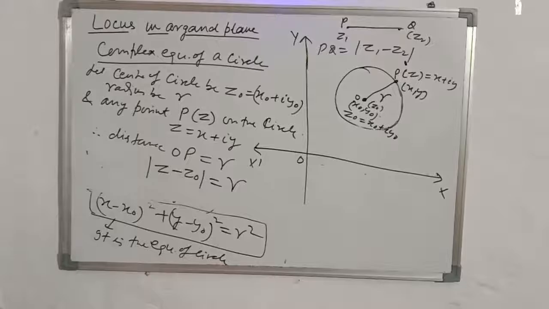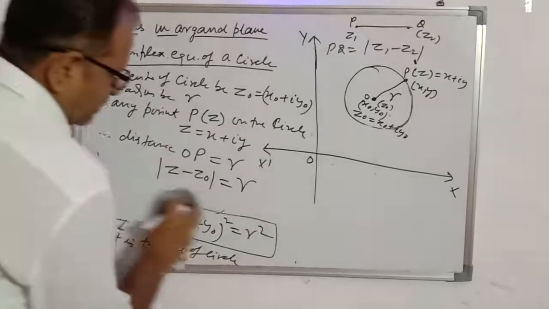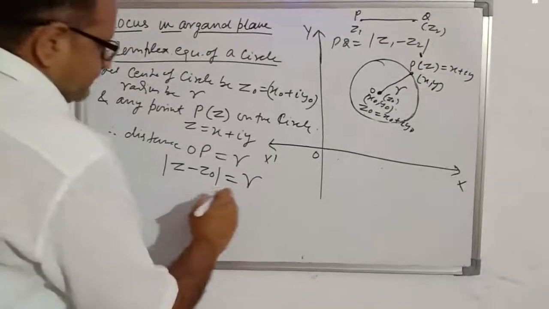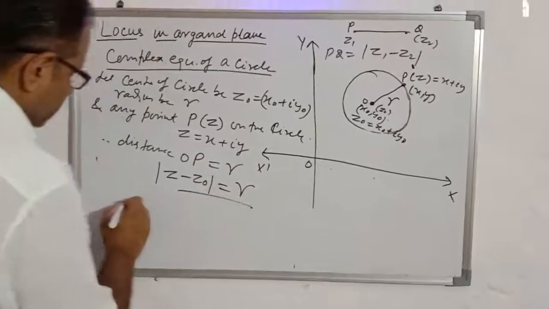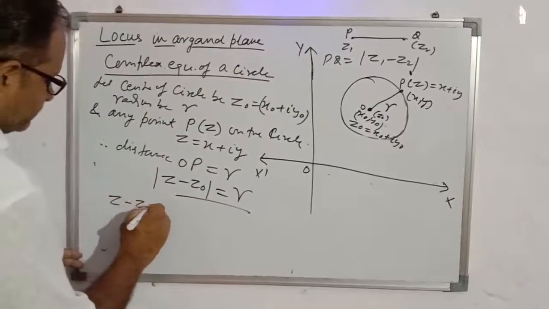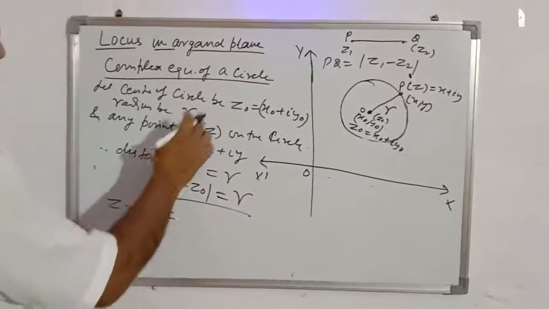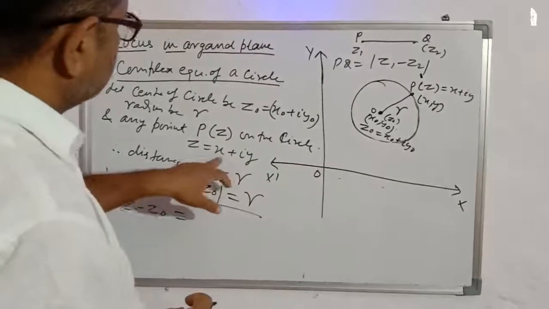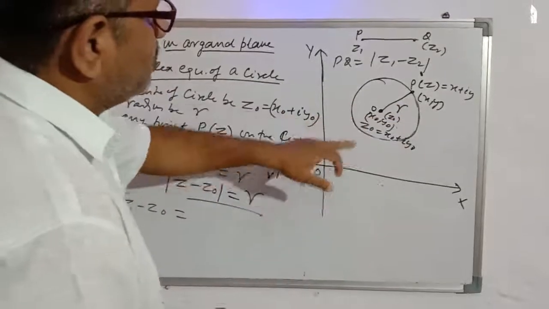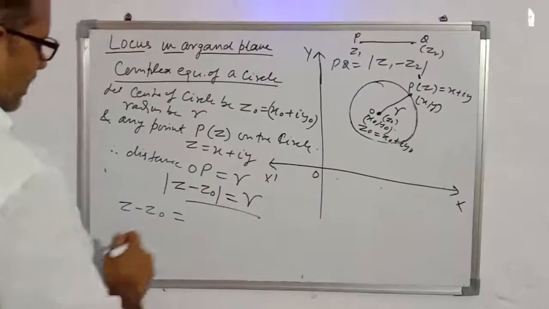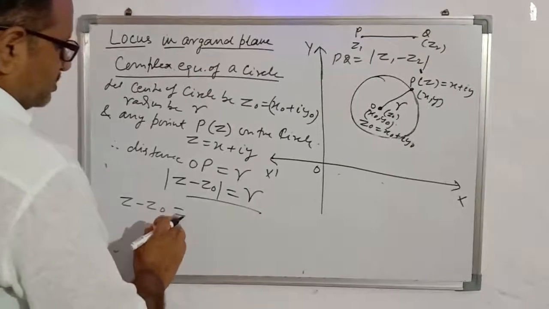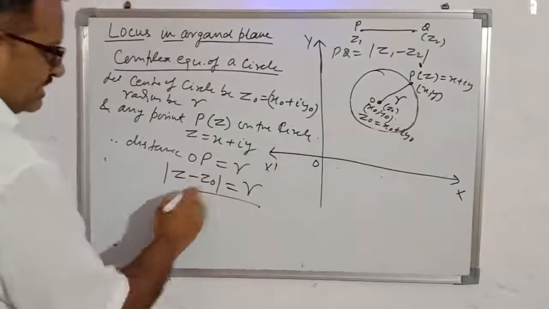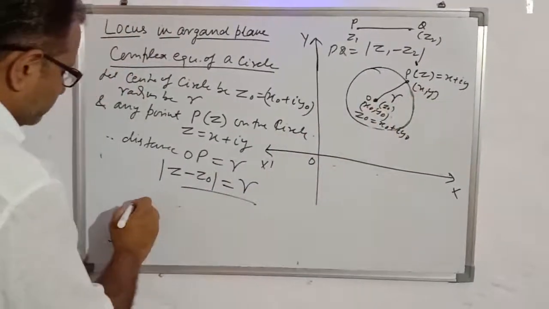We can see how. Find Z minus Z0. Z is (x, y) and Z0 is (x0, y0). How will we find the distance between (x, y) and (x0, y0)?